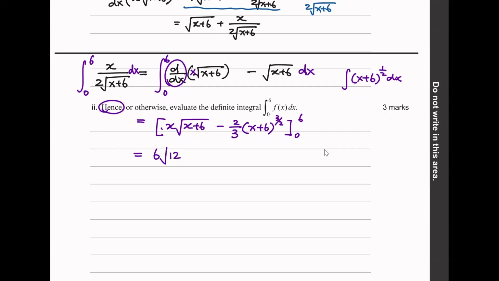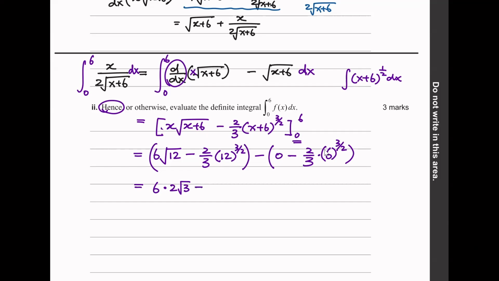6 root 12 minus 2 over 3 times 12 to the power 3 over 2. That's one part. Subtracting a 0 times anything, which is 0, minus 2 over 3 times 6 to the power 3 over 2. And you'd want to combine everything, say 6 times 2 root 3, minus 2 over 3 times 12 times root 12, plus 2 over 3 times 6 times root 6.